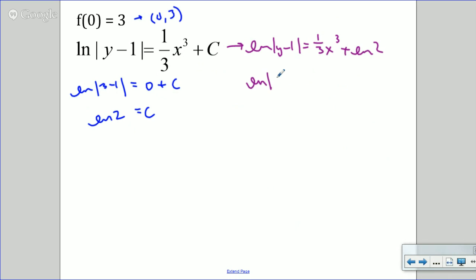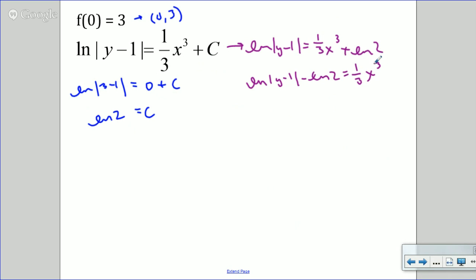We have ln of the absolute value of y minus 1 minus ln of 2 is equal to 1/3 x cubed.